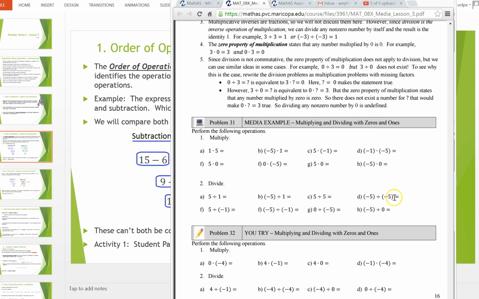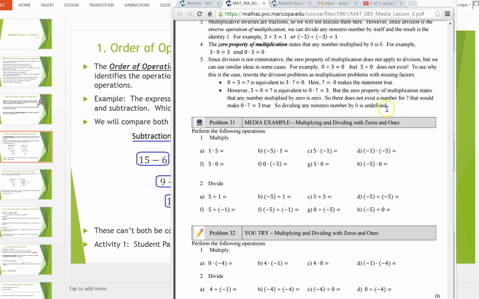So division as an inverse operation when we get back to the identity of multiplication as opposed to multiplying by the reciprocal.